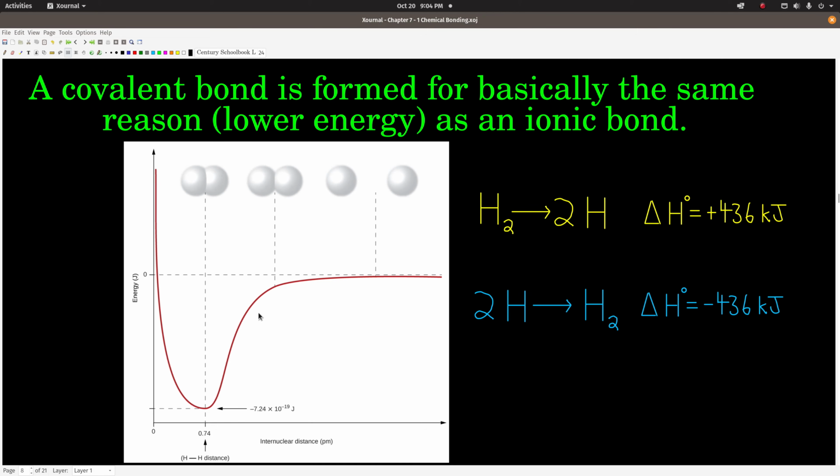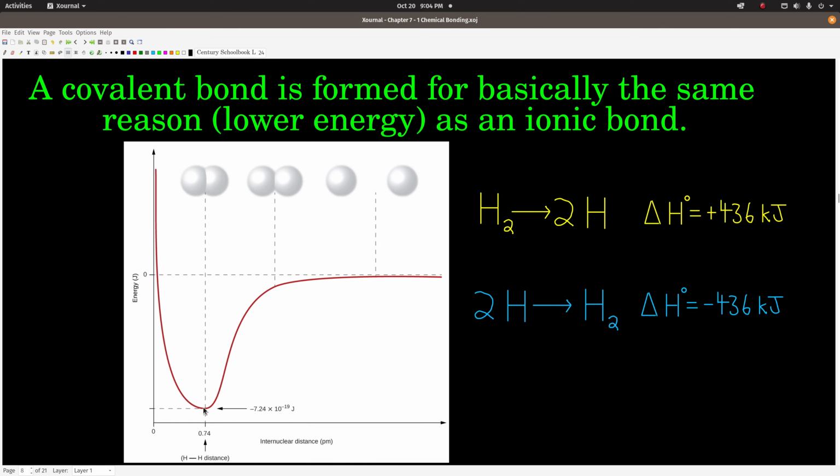And that lowers the energy of the system. Coulomb's law, like I just showed you a few minutes ago, the energy of interaction is negative, and that's lower. And as we bring these closer and closer together, those electrons get closer and closer to the opposite nucleus, and the energy of the system gets lower and lower until we reach a minimum.